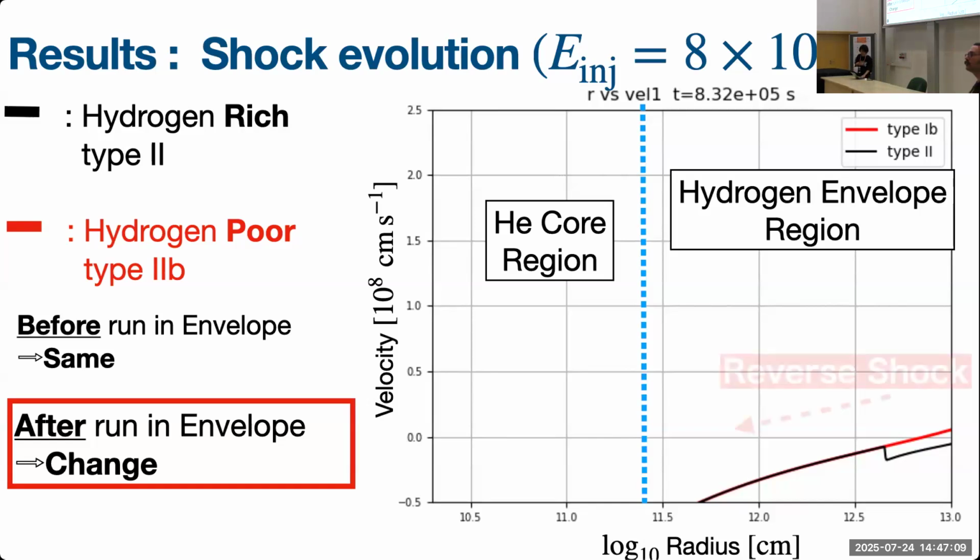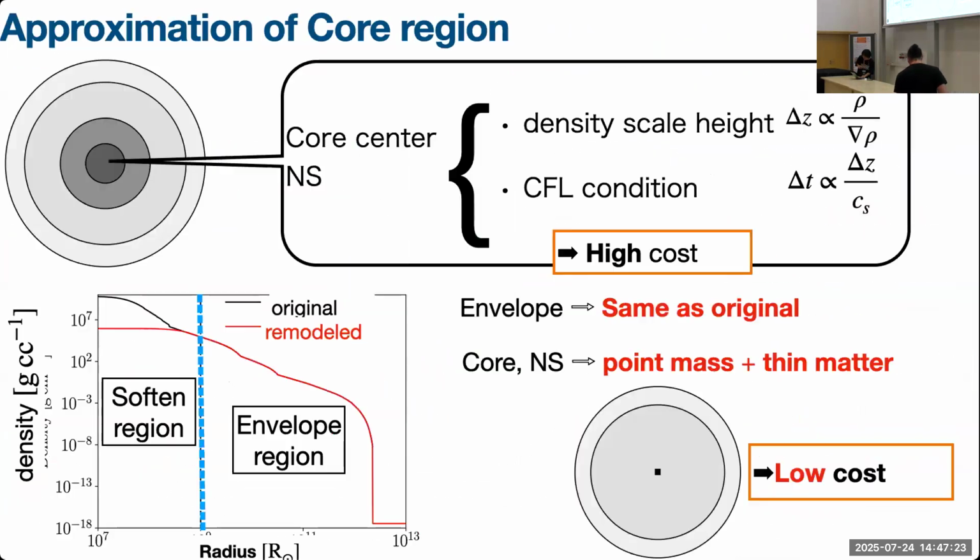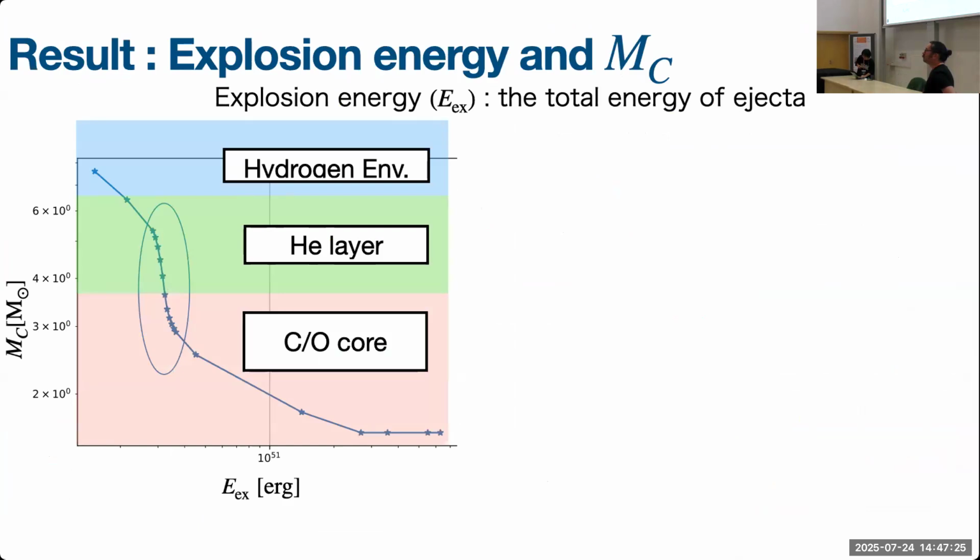Okay. I'm a little surprised that with 6 solar masses of helium and an 8 times 10 to the 50 erg explosion, the peak velocity is only 2.5 times 10 to the 8 centimeters per second. Okay, so this figure is suitable for your question. This is explosion energy and remnant mass and the falling mass coordinate of each layer.